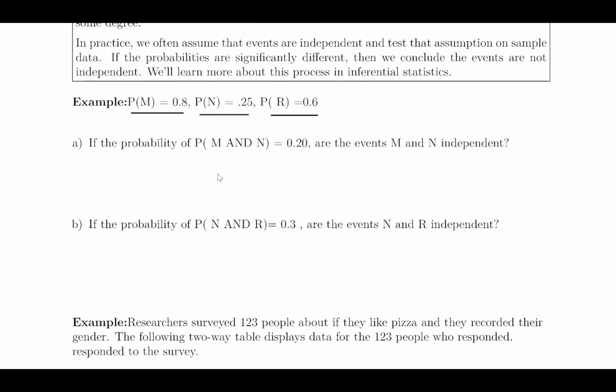So let's go to A. A says if the probability of M and N is equal to 20% or 0.20, are the events M and N independent? So which two events do I want to check to see if they're independent? And just remember, you can either shout it out or put it in the chat.